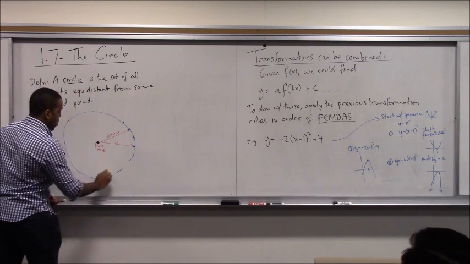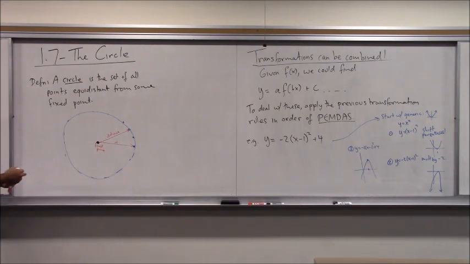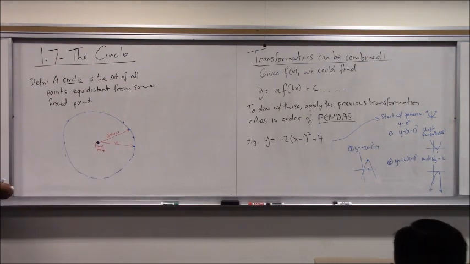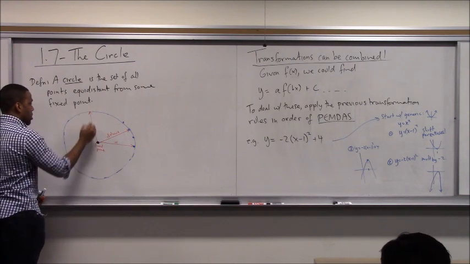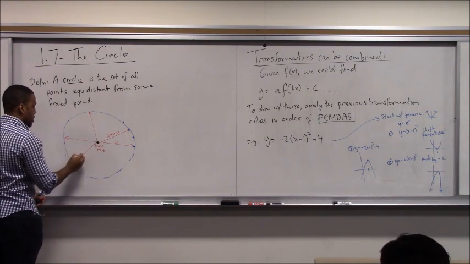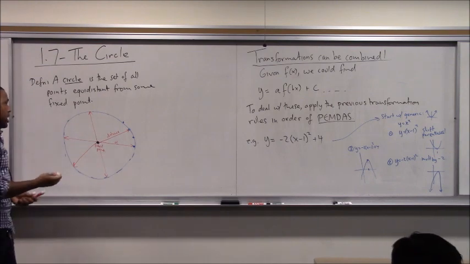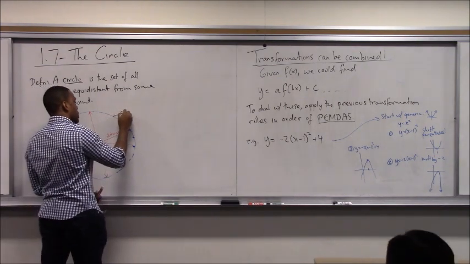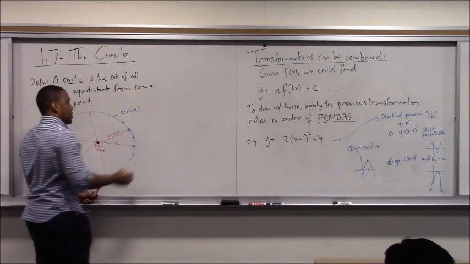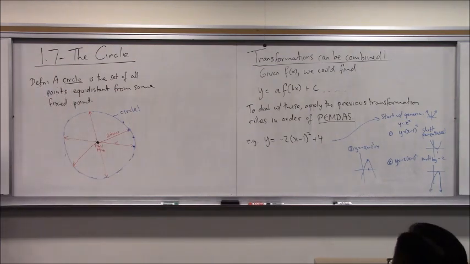Eventually, plotting all such points will create a curve called a circle. So from this point, the distance to all these points on the outer edge, they're all the same distance away from this fixed point. And this blue curve is what's called a circle. So by definition, a circle is just a curve that describes all the points that are a fixed distance away from some point.